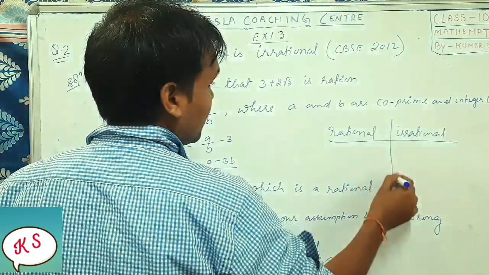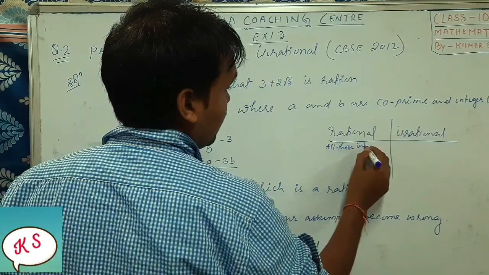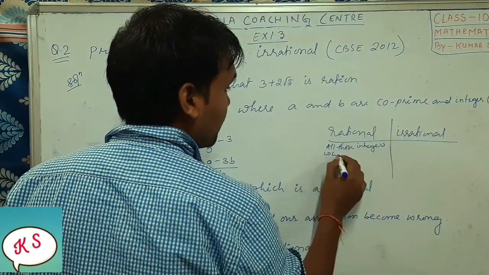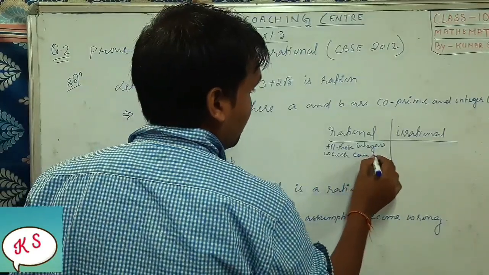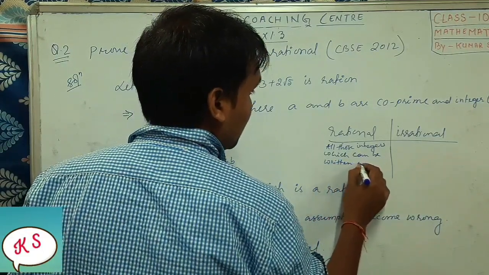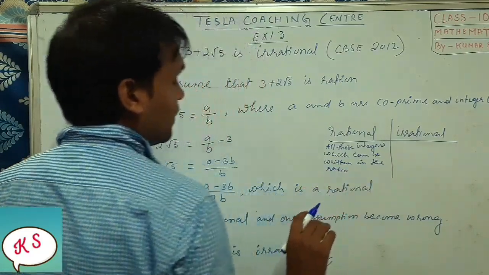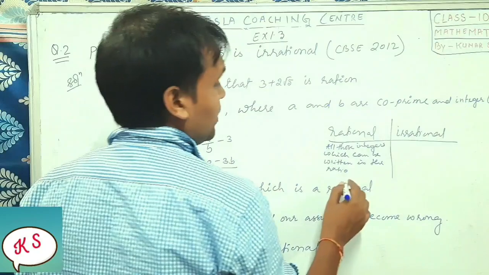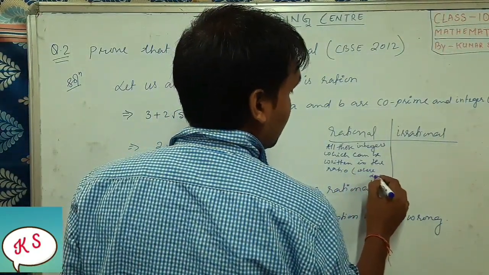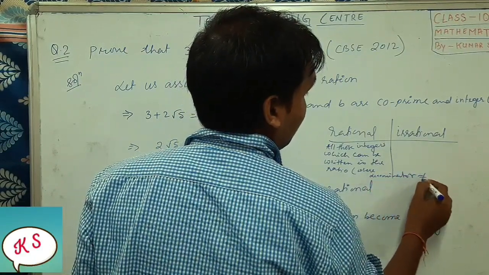Rational numbers are all those integers which can be written in the ratio, where the denominator should not be equal to 0.